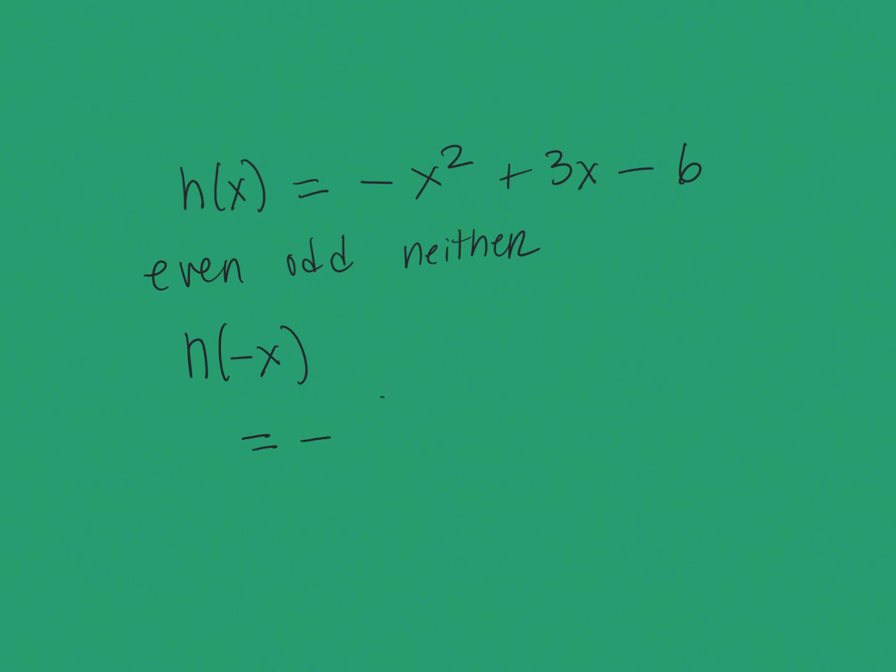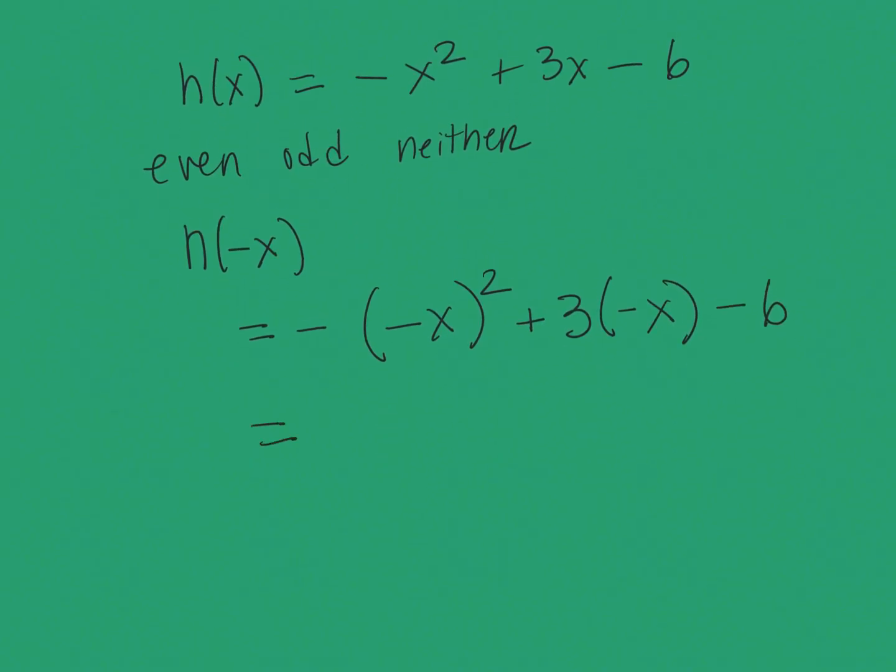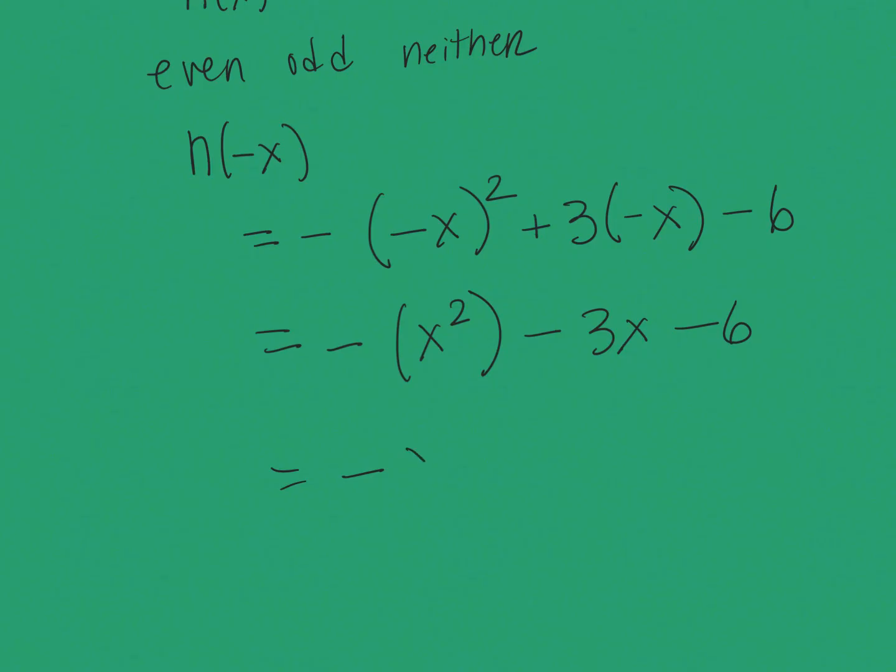So it would be negative x squared plus 3 times negative x minus 6. So that would be negative x squared minus 3x minus 6. That's the answer they want for the first part of the problem.